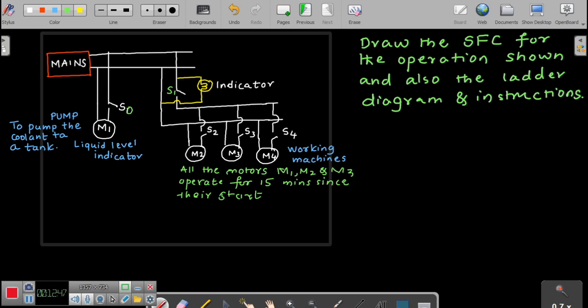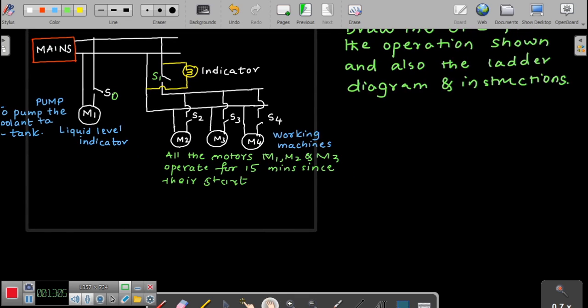Now this is very simple in fact, but the way in which you write the points or the terms may vary from person to person; it cannot be the same for all people. So first we are supposed to draw the sequential function chart.